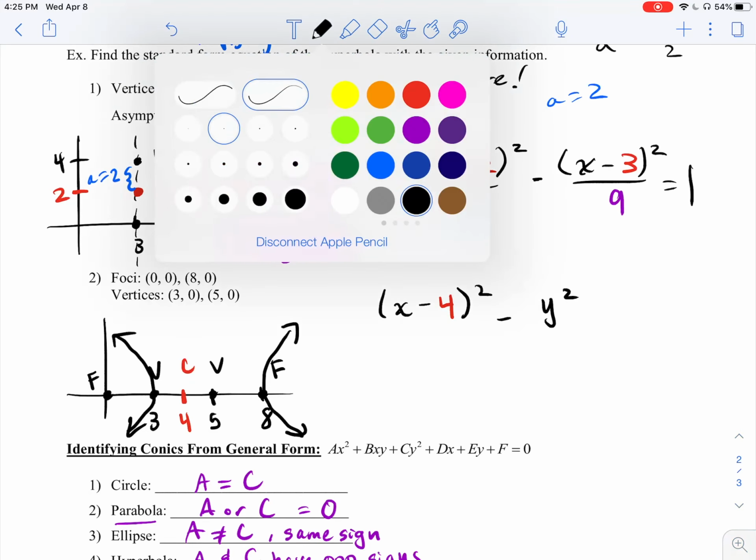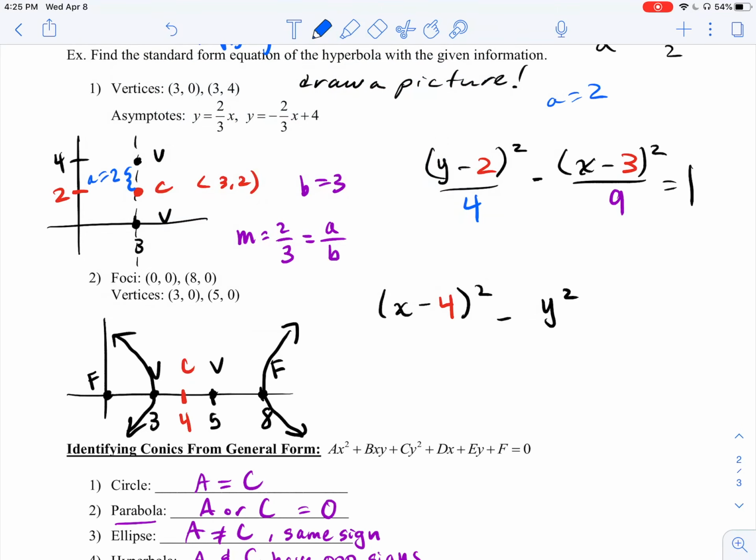And I know that the distance from my center to my vertex, this a value, is equal to 1. Well, that's going to go underneath my x term, so a is equal to 1, so 1 squared is just 1. And I know that my distance from my center to my focus is equal to 4.